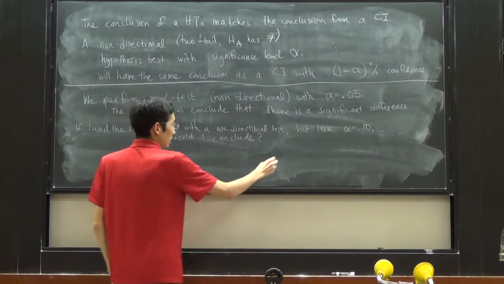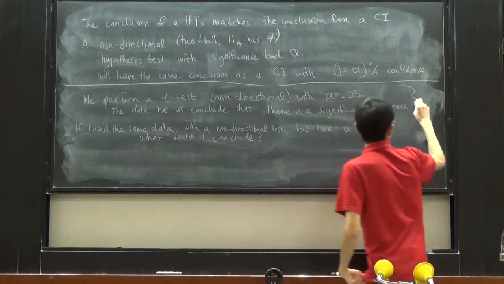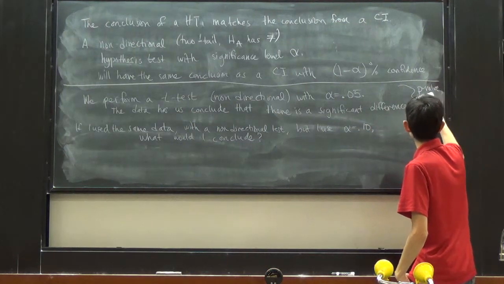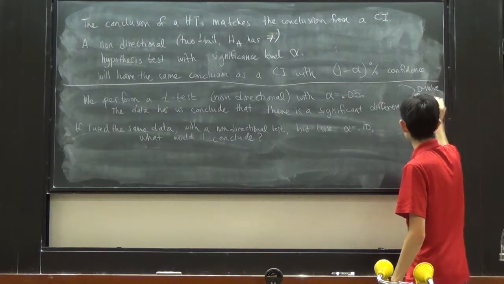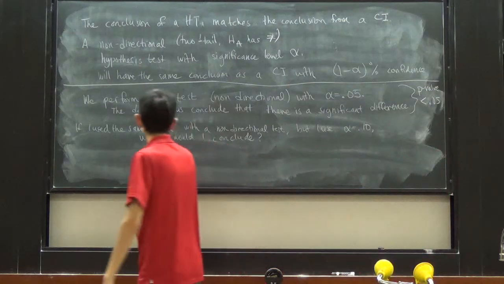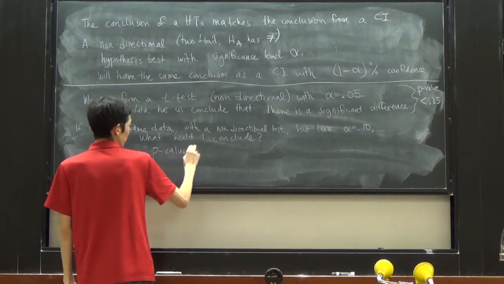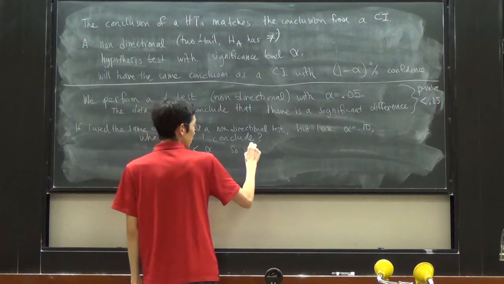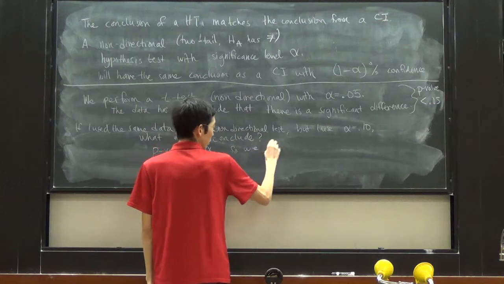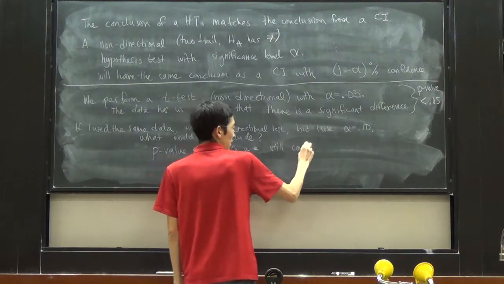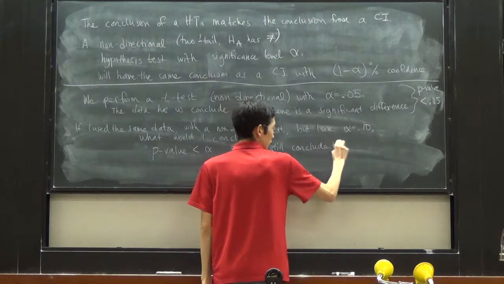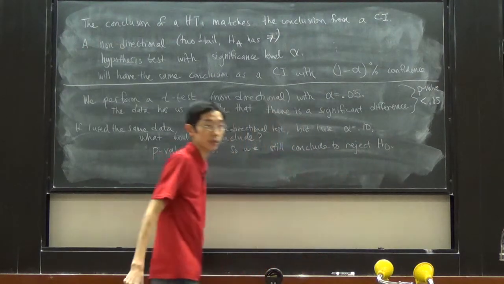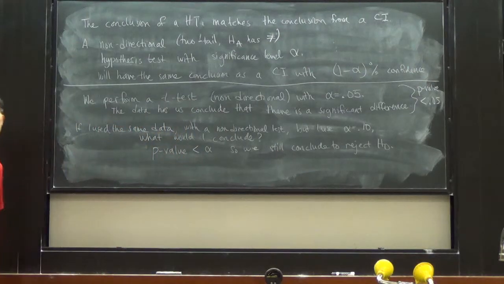From here we know the p-value is less than 0.05, and so here our p-value is still less than alpha, so we still conclude to reject the null hypothesis.